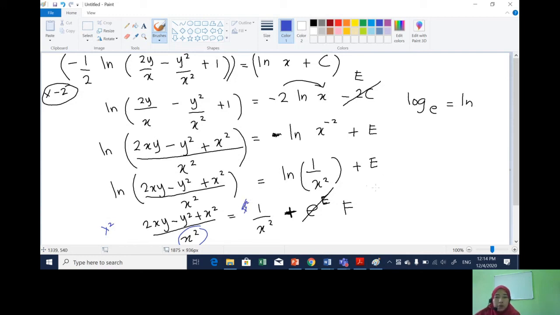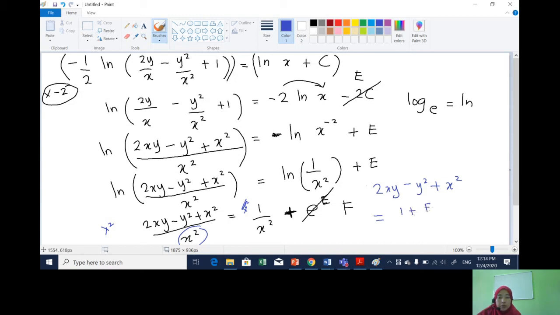And so we can have here 2xy minus y squared plus x squared equal to 1 plus what?